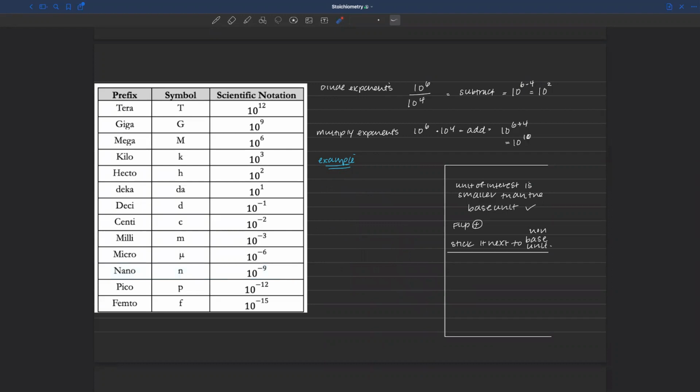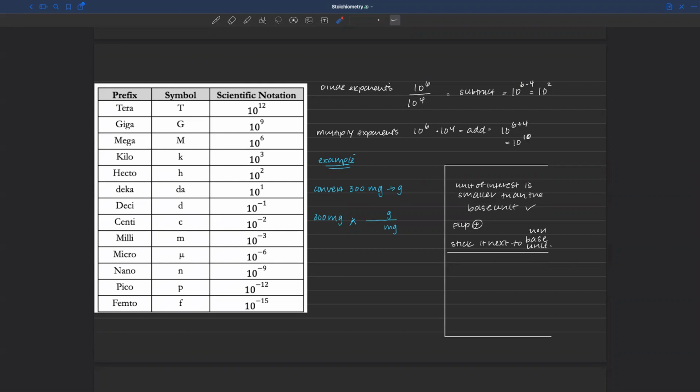Convert 300 milligrams to grams. Let's try that one. What's my first step? It's simply to write down what I've been given. So 300 milligrams, set up my skeleton. So milligrams goes on the bottom, grams goes on the top. So now I'm good.